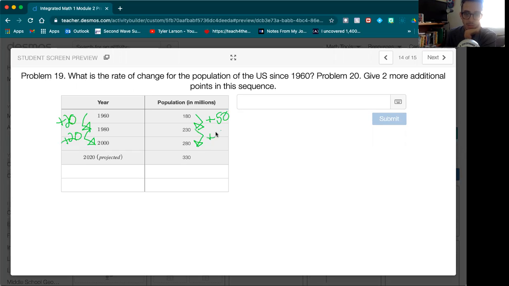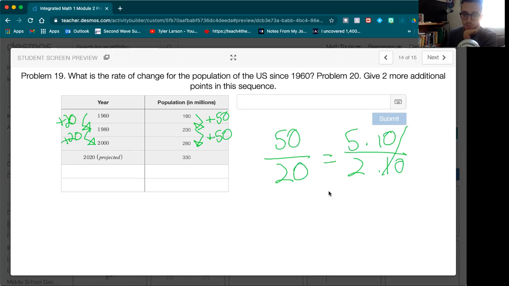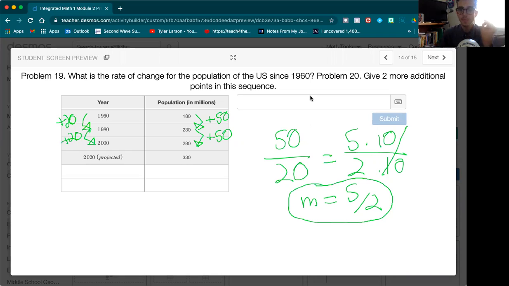Adding 50 again. So our slope is going to be 50 over 20, which we can simplify because they're both divisible by 10 to just 5 halves. So that's our rate of change.